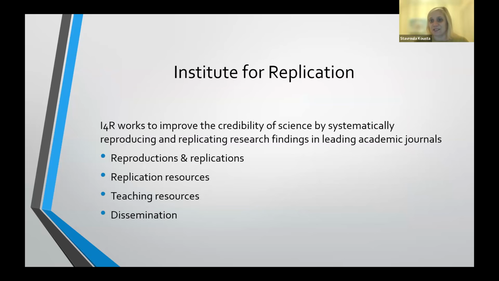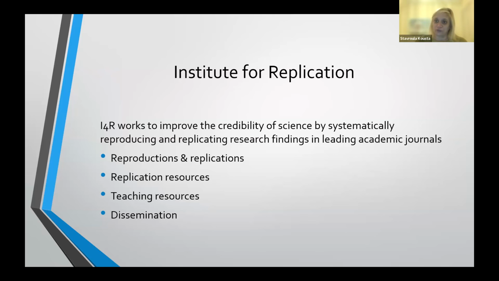The Institute for Replication, and Abel can also weigh in here if I get anything wrong, works to improve the credibility of science by reproducing and replicating research findings in leading academic journals. The Institute works with the scientific community to carry out or facilitate carrying out reproductions and replications.